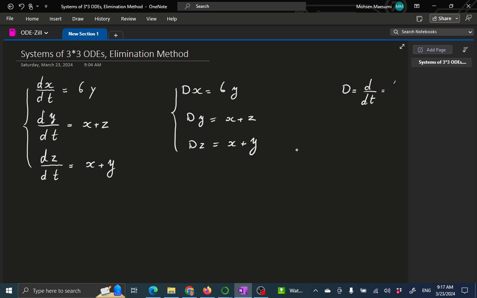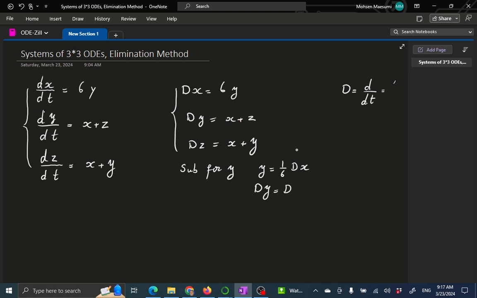So I'm going to substitute for y. That's how we start. Substituting for y means y is 1/6 of dx. Again, let me remind you, dx means derivative of x with respect to t. I replace it here, where I see dy.